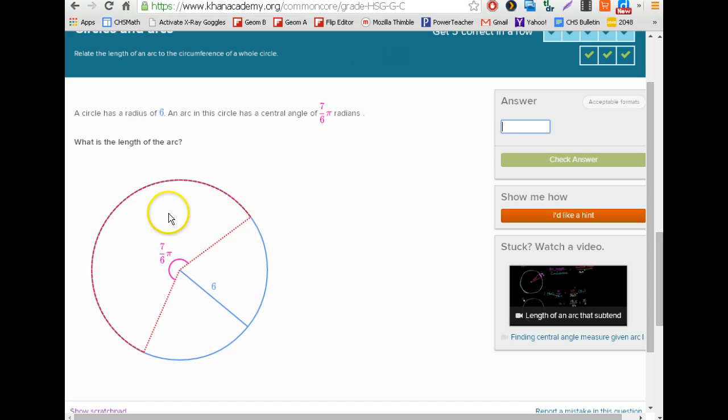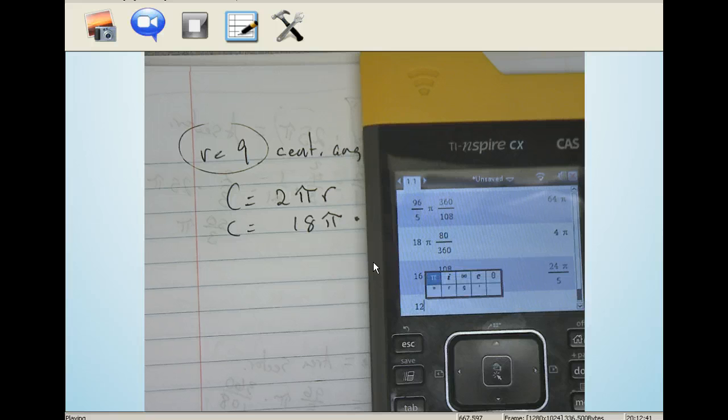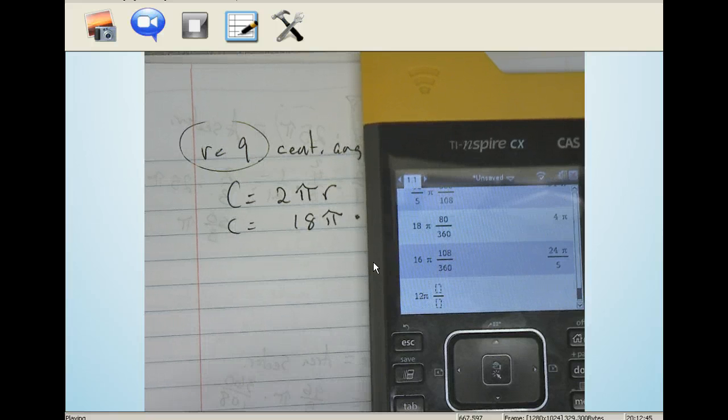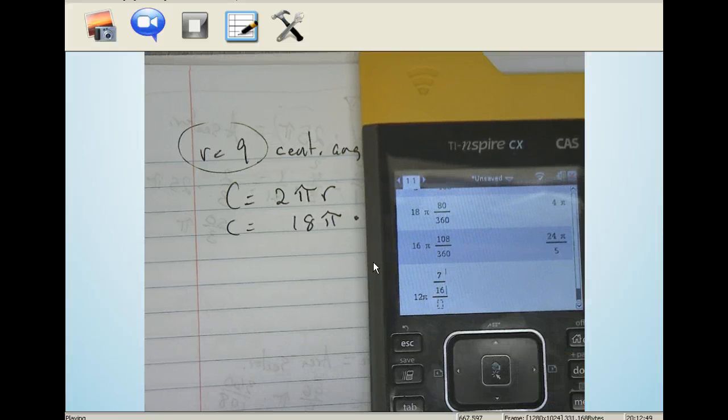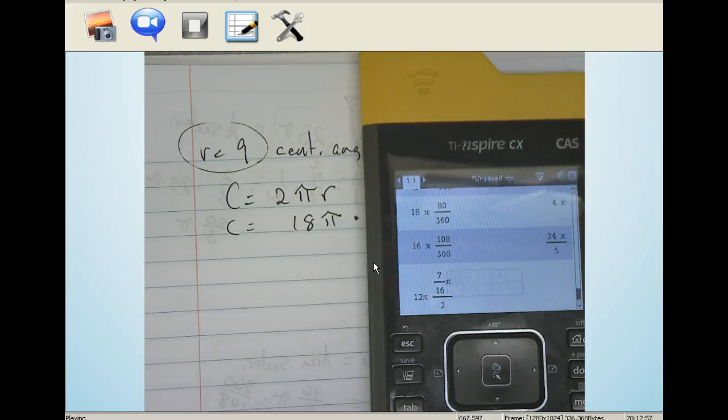Okay, and this is 7/6 pi out of 2 pi. So we're going to go 12 pi times, on the top, 7/6 pi. That's the radian measure of that angle, and a full circle has a radian measure of 2 pi.